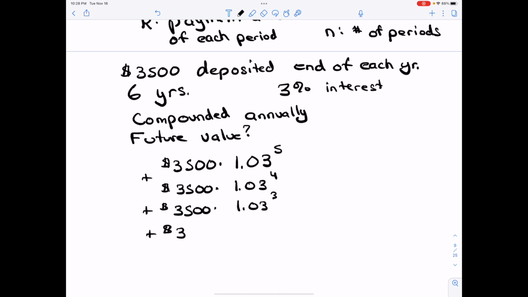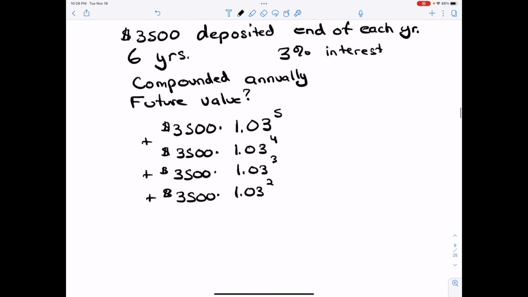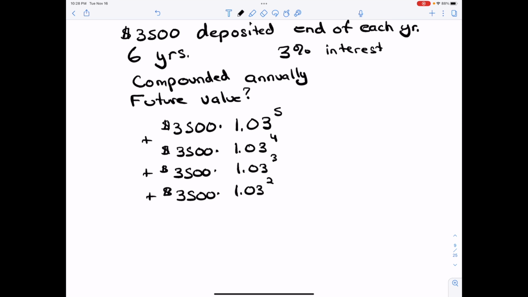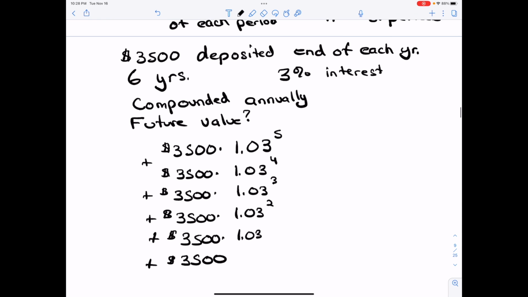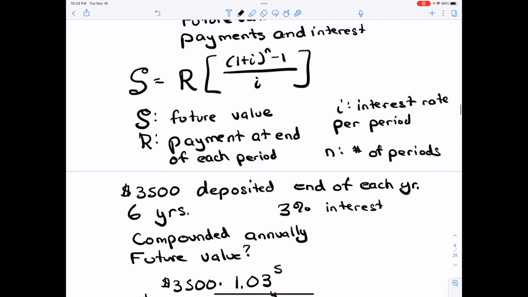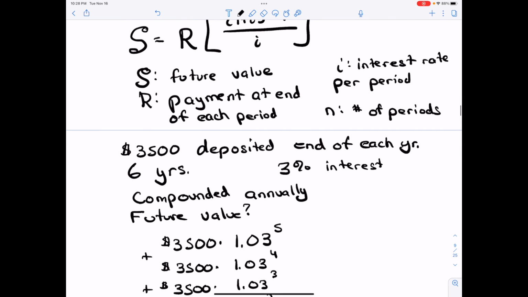Fourth one gets to earn it twice. It's compound interest, so you're multiplying by that 1.03 each time. This one gets to earn it 1 time. And then the last one, the 6th year, doesn't earn any actual interest. So that's what's actually happening. If you want to go through and compute all that and put it in, you would get your result.